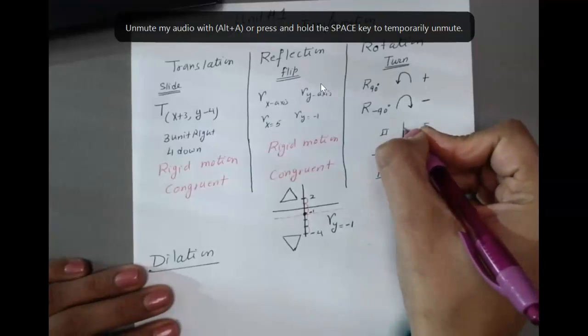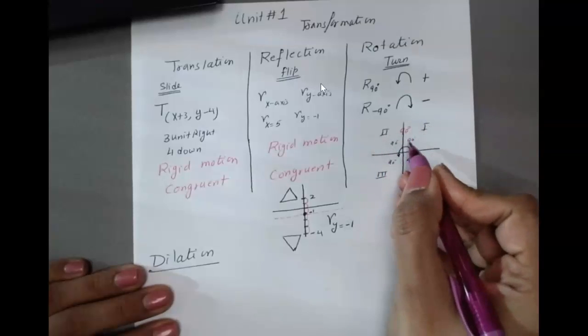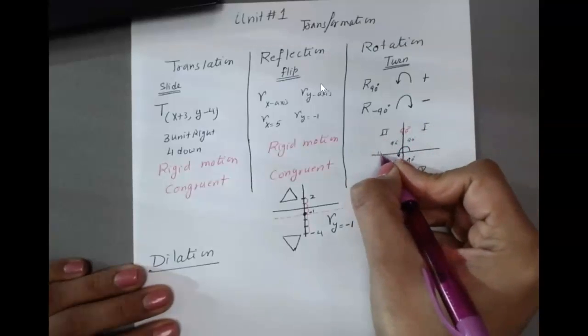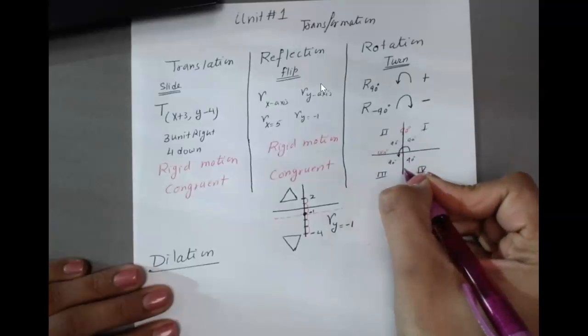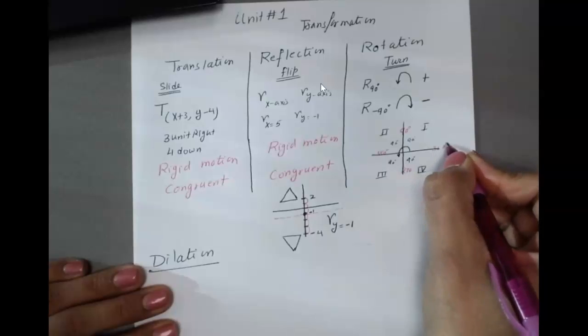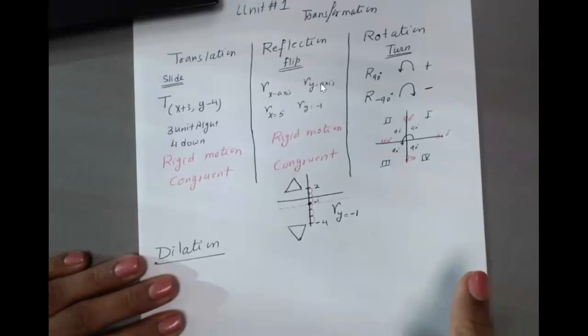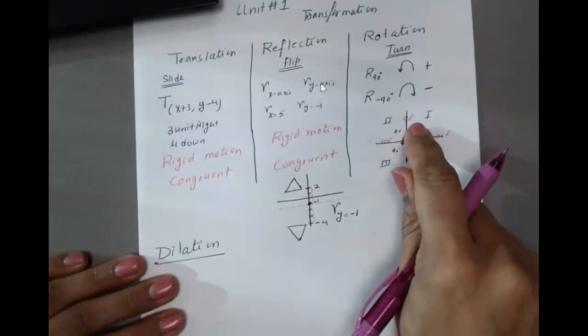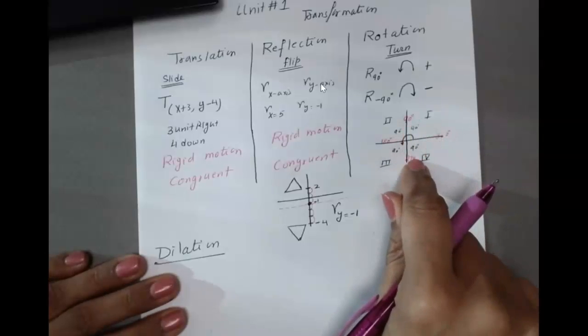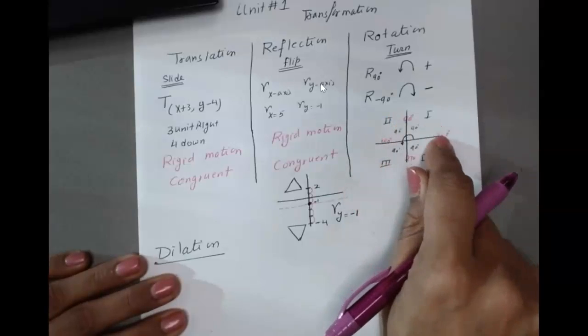One quadrant is 90, it's 90 here. When you rotate one more, 90 plus 90 is 180. 180 plus 90 is 270. And you come back. This is how we do it. But if it's clockwise negative, then you're going to start from here: negative 90, negative 180, negative 270, and move on.